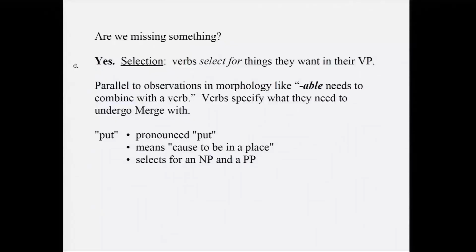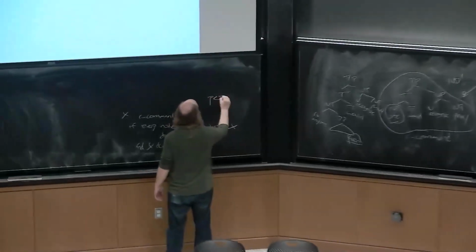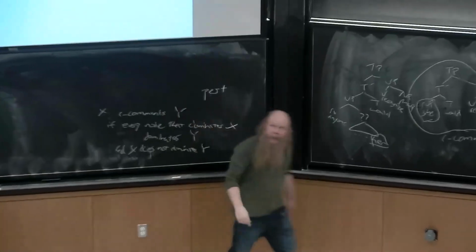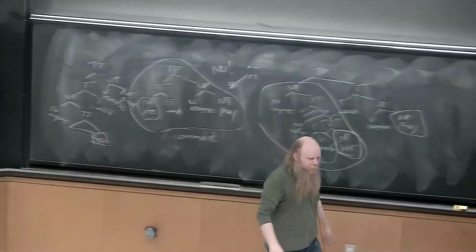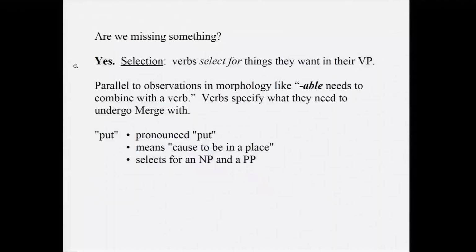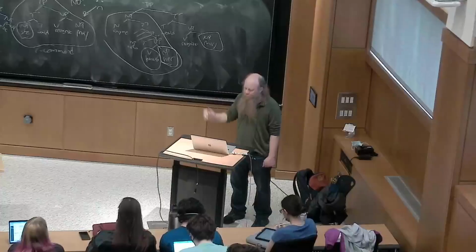So the verb put, it's pronounced put, and it means to cause something to be in a place, however we're going to state its meaning, and it selects for a noun phrase and a prepositional phrase. That's the way we'll say that. So the verb put needs to merge with those things. Okay?